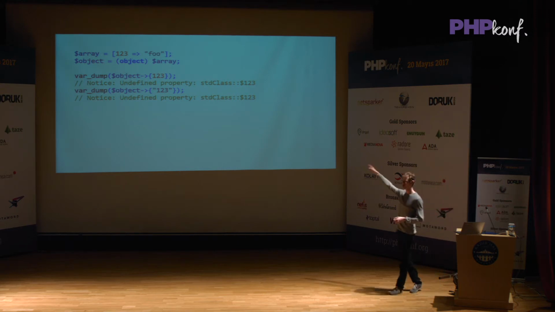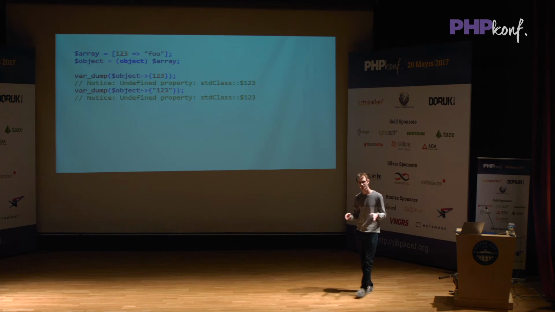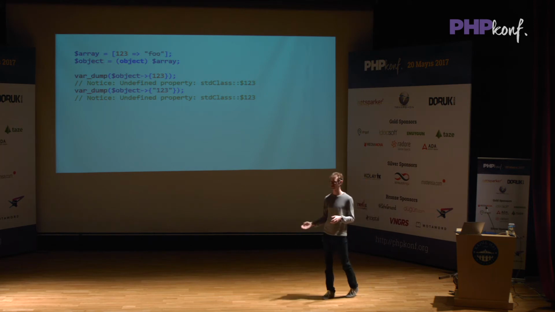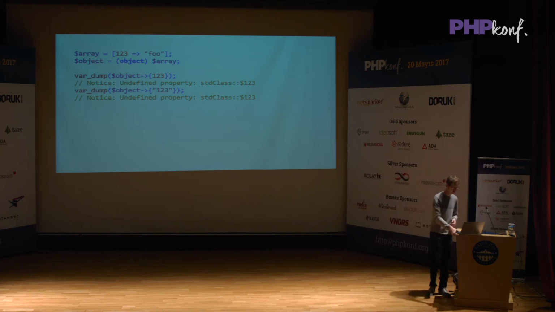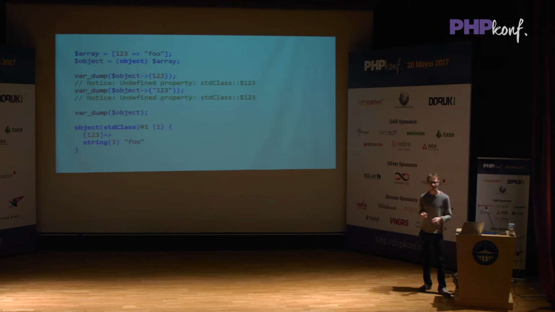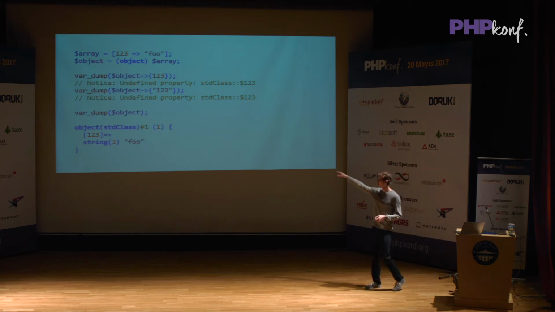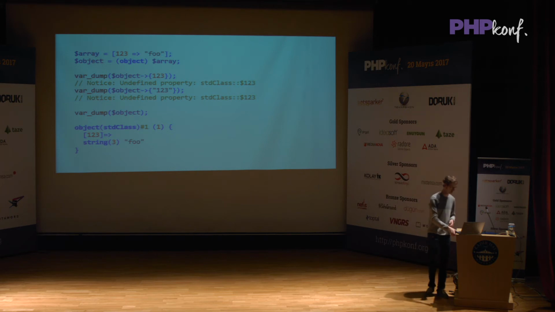So no matter how you write it, there is no way to access this property, and you cannot write to it, you cannot even remove it. It just hangs around there, and you cannot do anything with it. And if you look at the var dump output, you see the reason: we have the key 1 to 3, but it's an integer key, not a string key. And objects just don't support that. I mean, it's not the correct normalization.